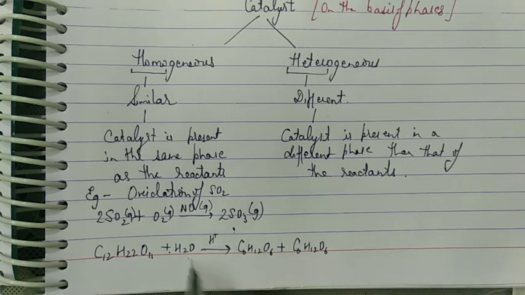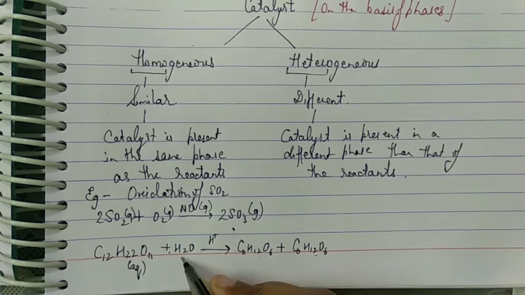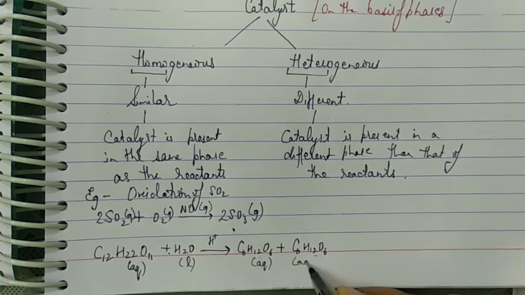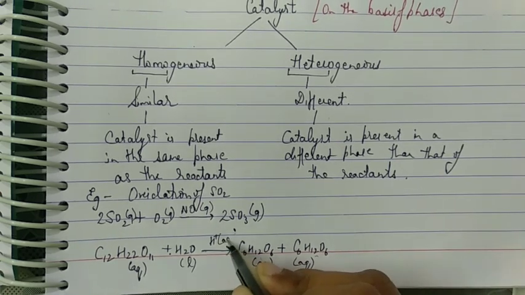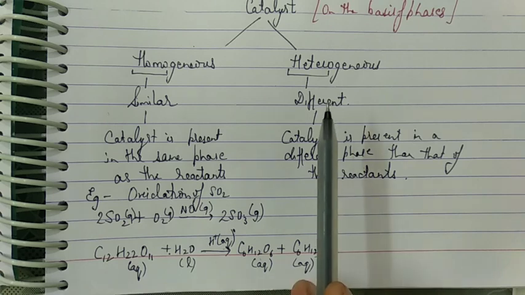All the reactants and products as well as the catalyst are present in aqueous form. Sucrose is present in aqueous form, H2O is present in the form of liquid, fructose and glucose are also present in aqueous form, and the catalyst is also present in aqueous form. So the catalyst in a reaction, if it is present in the same phase as the reactants, is known as homogeneous catalyst. Let us talk about heterogeneous catalyst.